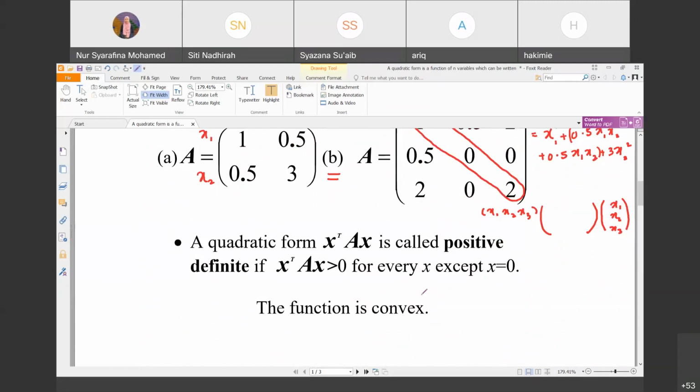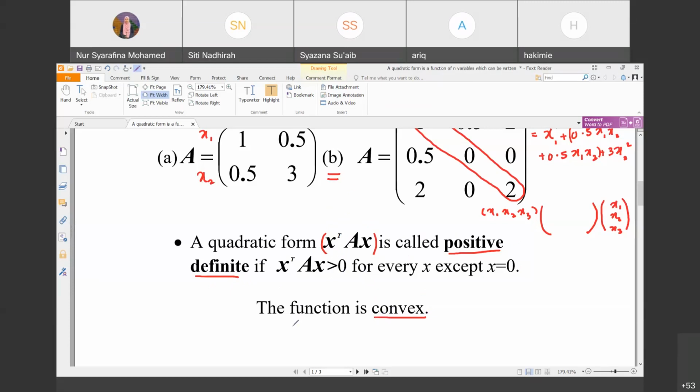Okay, so now a quadratic form, x^T A x here, is called positive definite if it is greater than 0 for all x except x equals 0. Then, why do we need to understand whether it is positive definite or not? Because we want to identify its convexity.